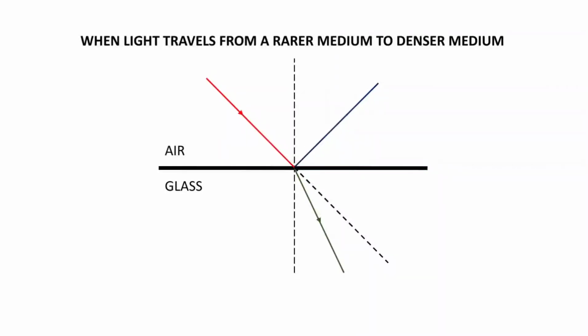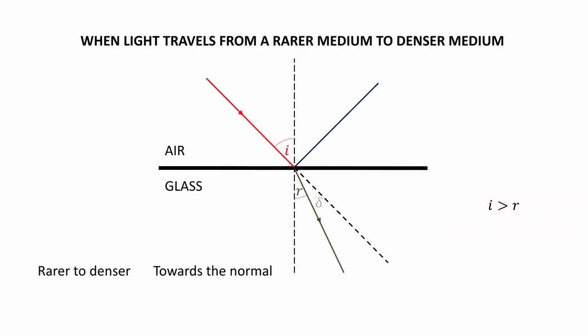So always remember, when light travels from rarer to denser medium, the light bends towards the normal. So here this is the angle of incidence and this is the angle of refraction. When light travels from rarer medium to denser medium, the angle of incidence is greater than the angle of refraction.